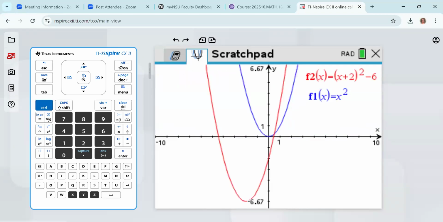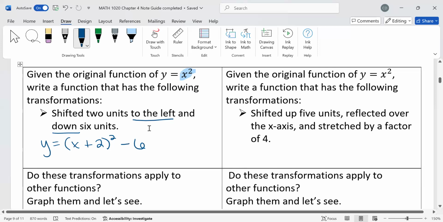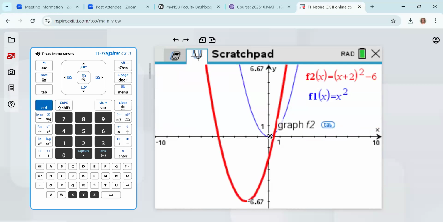All right, so let's go back to the notes. 2 to the left and 6 down. So we went 2 to the left and 6 down. So left and down is what we did. Okay, so that is the equation of the line. So you can use the graph to check it and make sure we went left 2 and down 6.